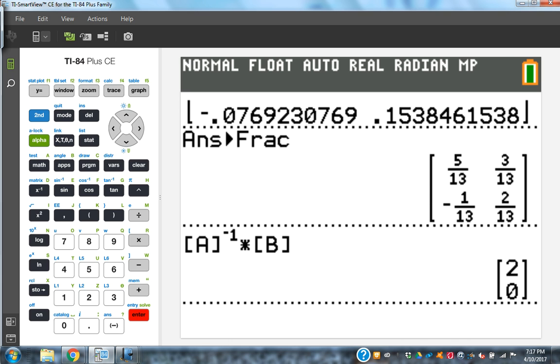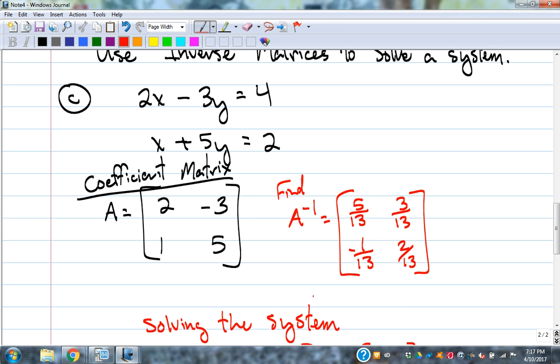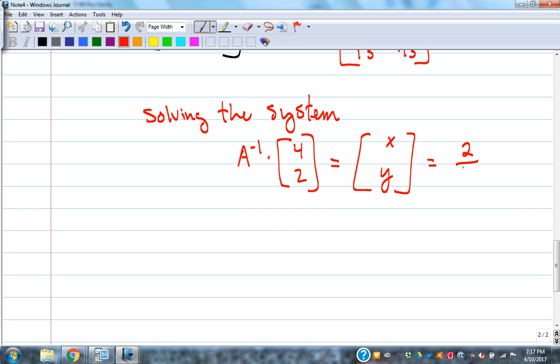And there I get my X and my Y. 2, 0. X equals 2, Y equals 0, ordered pair 2, 0.